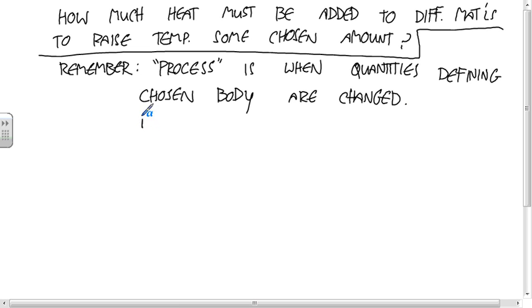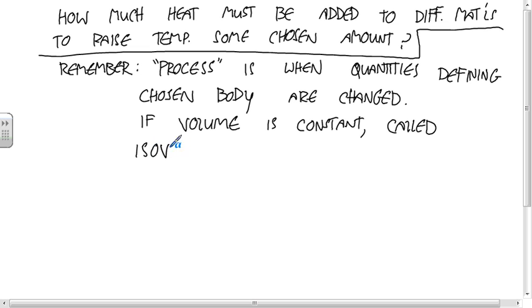So if the volume is constant, it's called an isovolumetric process.